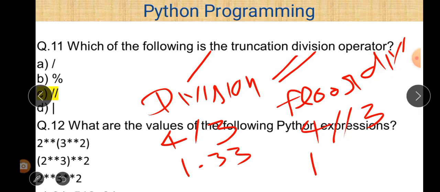We always consider the integer part of the expression. So the integer part is 1. In the first case our answer is 1.33, and in the second case the answer is 1. So we can say that the floor division operator basically truncates the final value, that is, it truncates the value after the decimal. So our answer is double slash, the floor division operator, which is also called the truncation division operator.